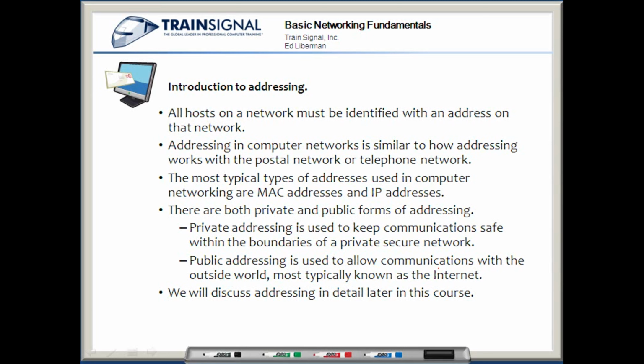The private IP addresses are ones that cannot be used outside your own private network, whereas public addresses are the type that are used to allow communication with the outside world, the unsecure outside world, otherwise known as the internet. So public addresses are used to communicate with the public out on the internet, and private addresses are used within your own private network.